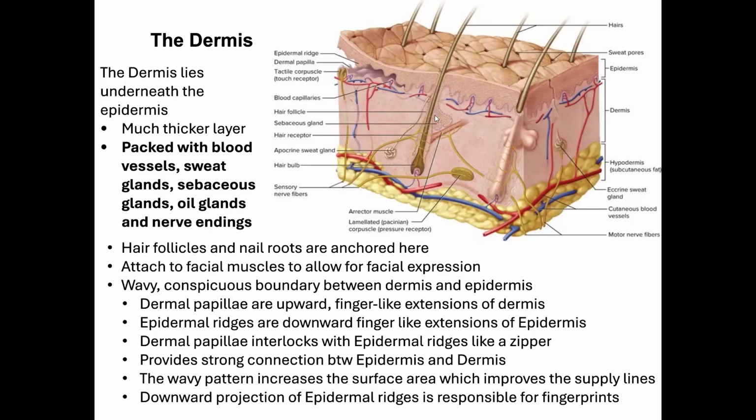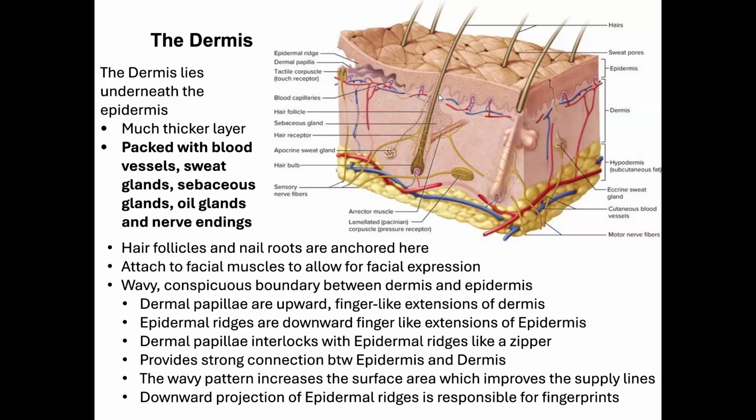You can see it in the dermis. The hair and nail roots are anchored here. And if you look at the epidermis and the dermis, you can see the junction is kind of wavy. So you can see this wavy junction.